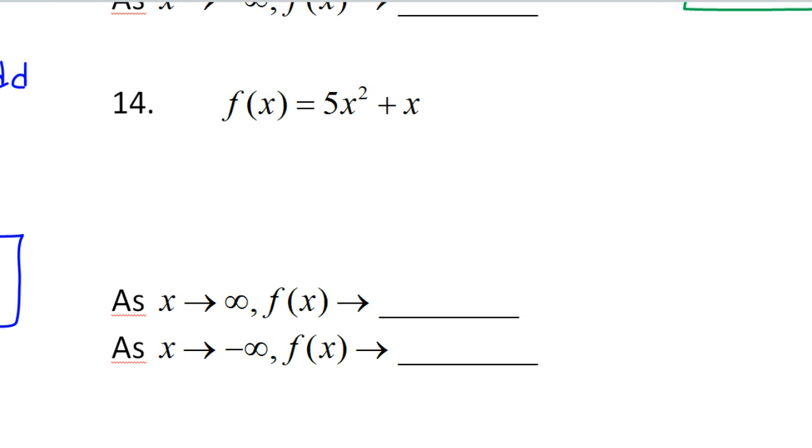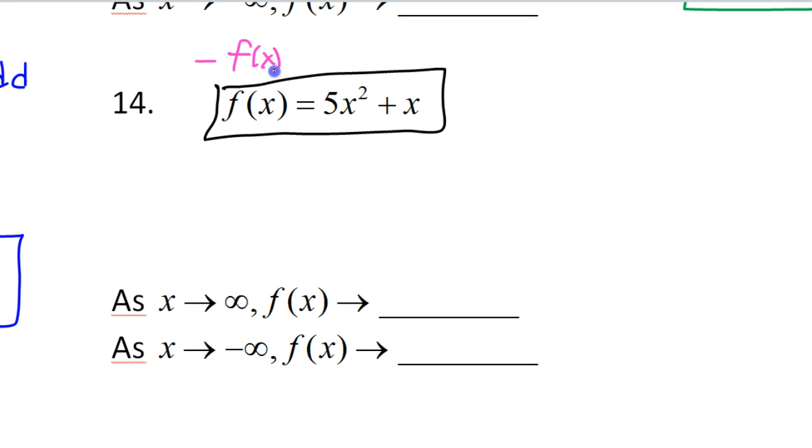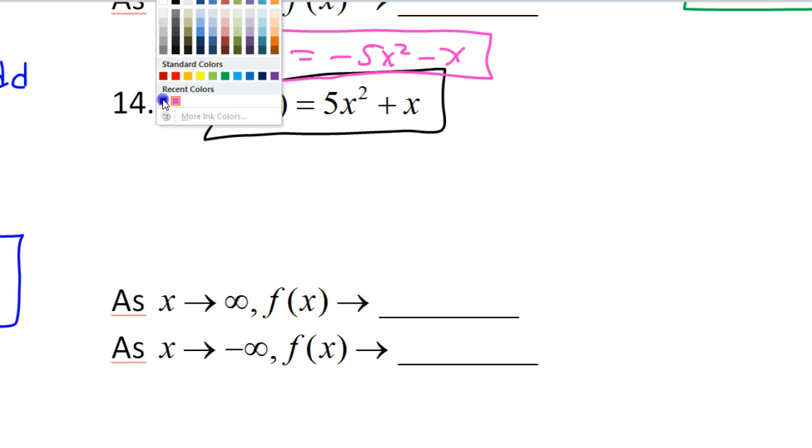Okay, one more, number 14. All right, that's the original function. Now we'll do negative f of x. So that would be negative 5x squared minus x. And now we'll do f of negative x.